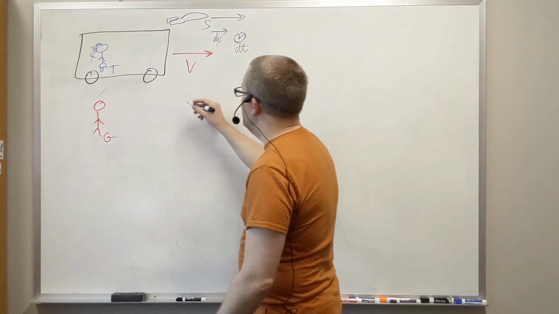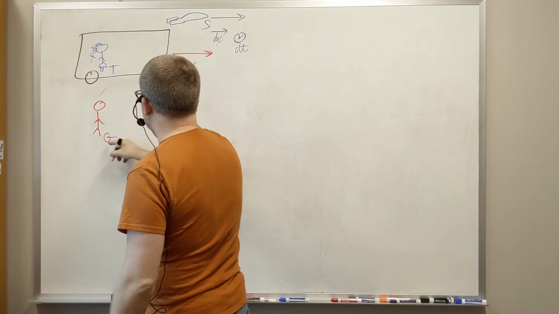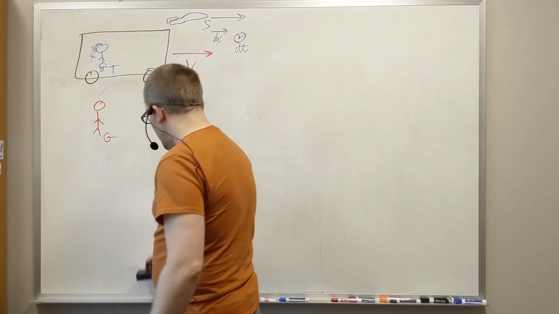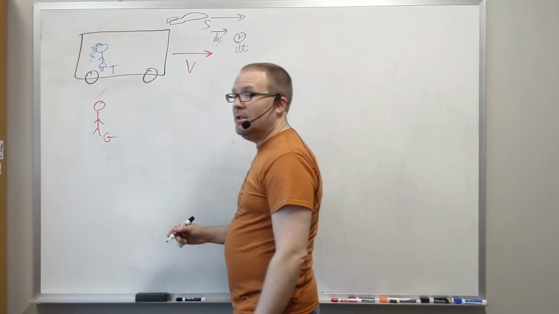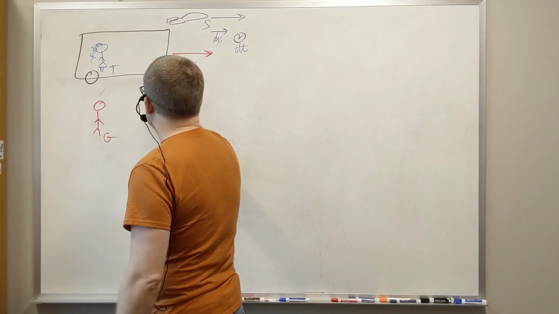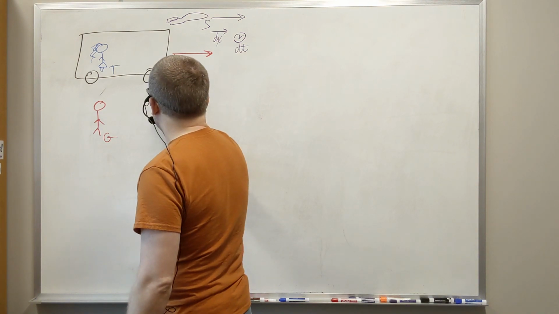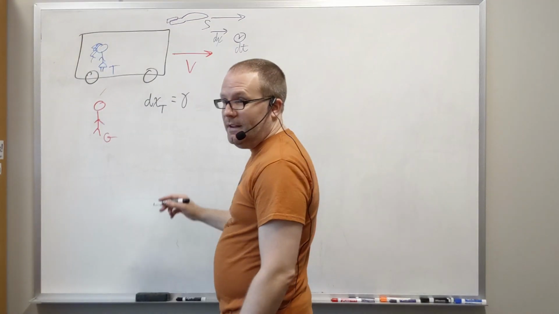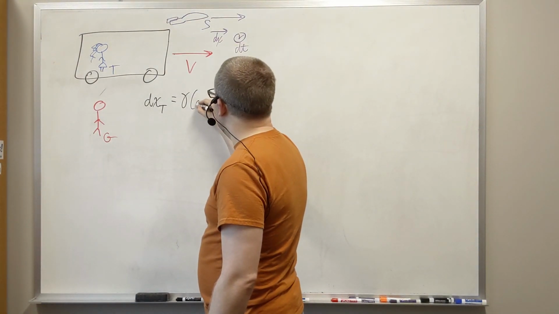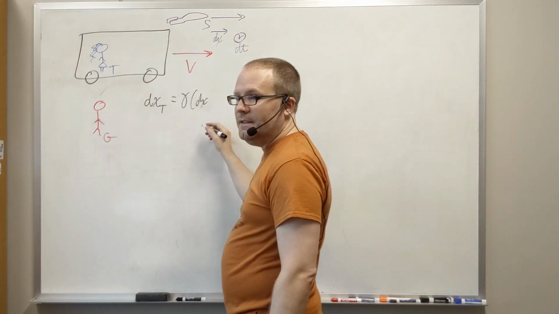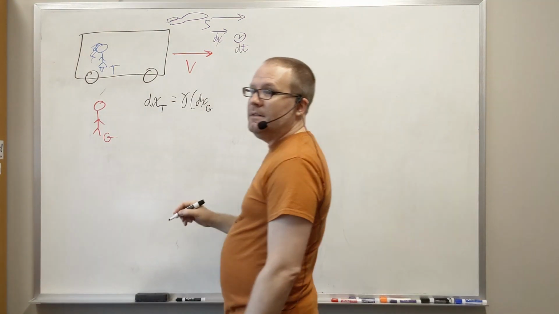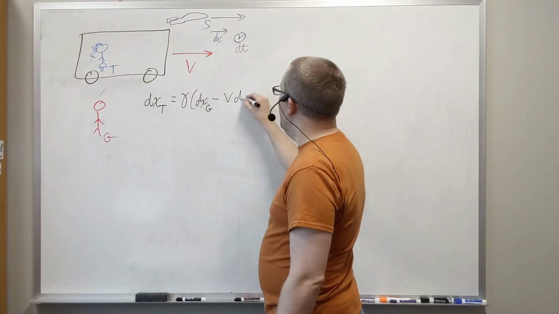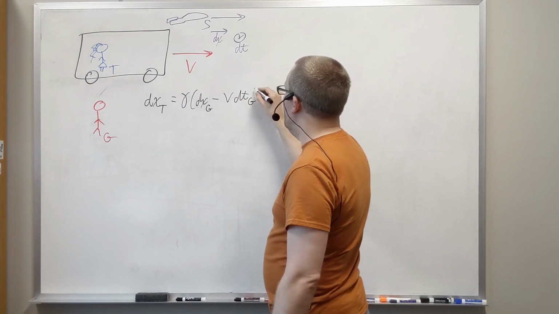The way these distances and times are going to be related is that the distance that the physicist on the train measures is going to equal a symbol called gamma, we'll define what that is in a second, times the distance measured by the physicist on the ground, minus this velocity times the time measured by the physicist on the ground.